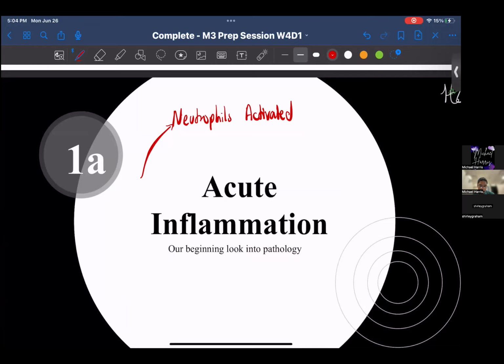Isn't it the trauma to the tissue? Yes, trauma to the tissues, but what does trauma to the tissue do? What does it activate? It activates the innate immune system. So yeah, the innate immune system, but specifically the macrophages, right?